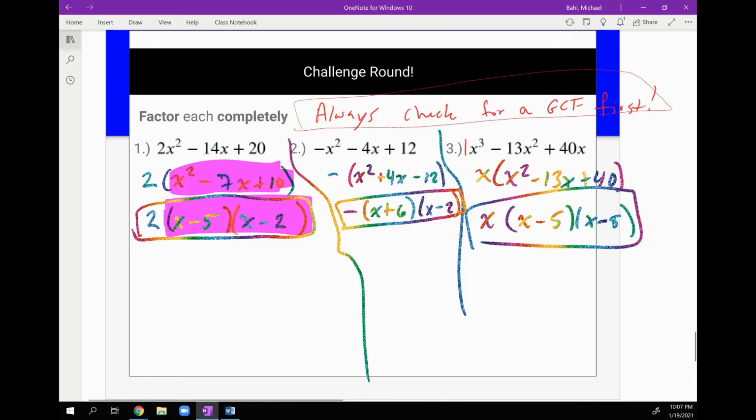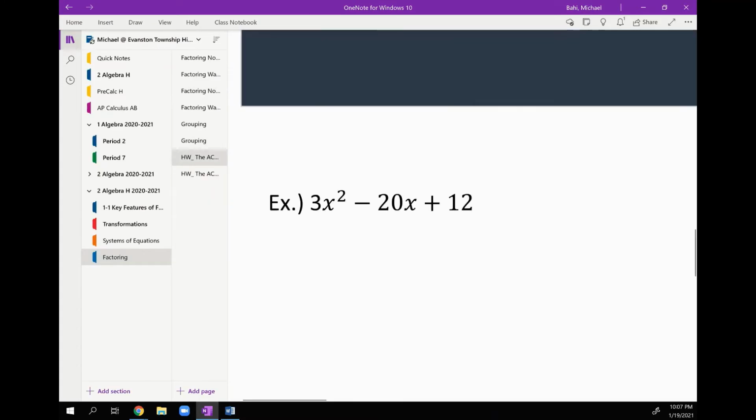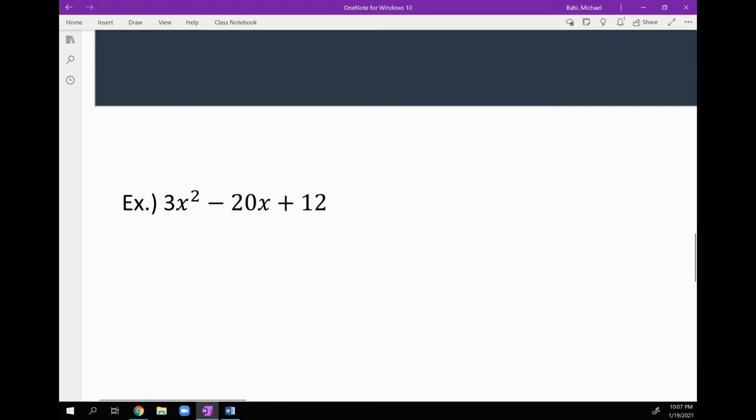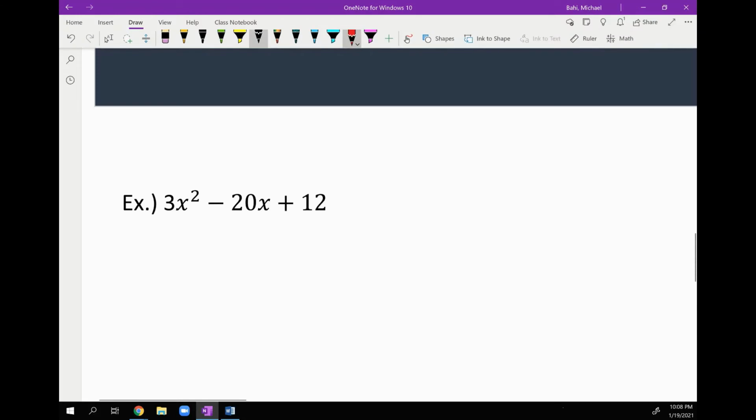The issue with this one is that there's really no GCF that we can take out. We have 3 as our A value that goes into 12, but it does not go into negative 20. So there is no coefficient that I can take out as my greatest common factor.